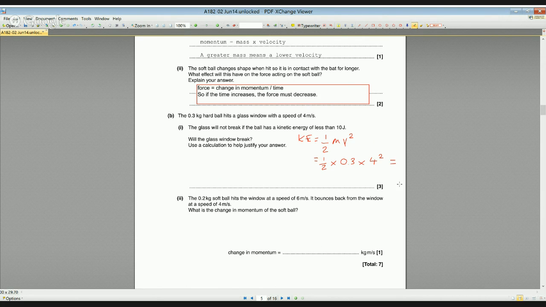And that equals 2.4 joules, which is the unit. Equals 2.4 joules.